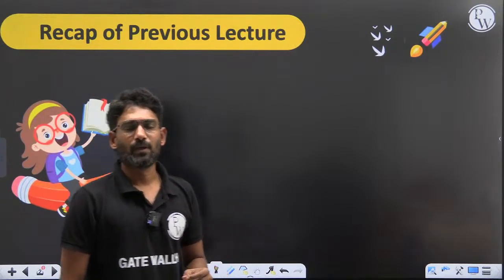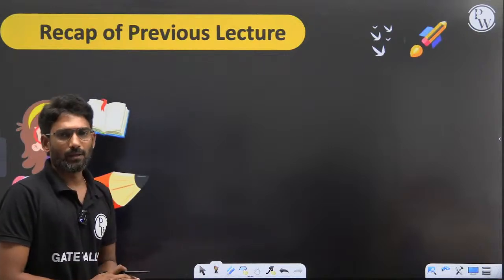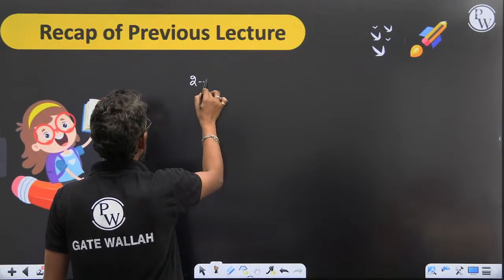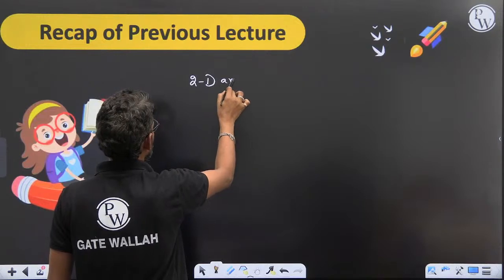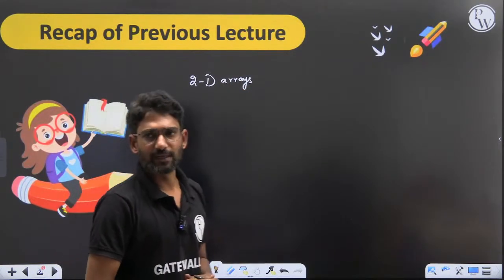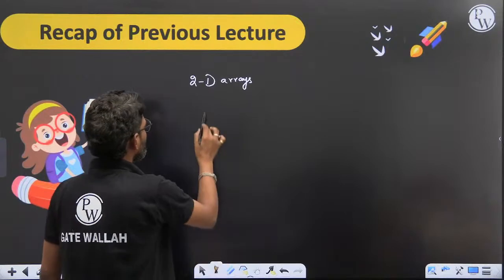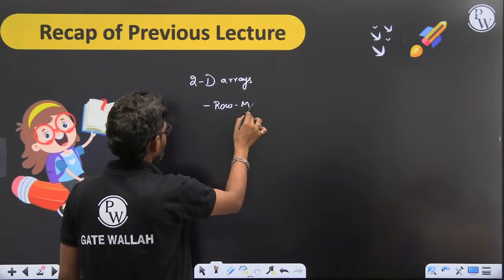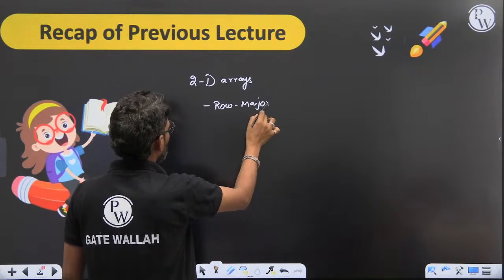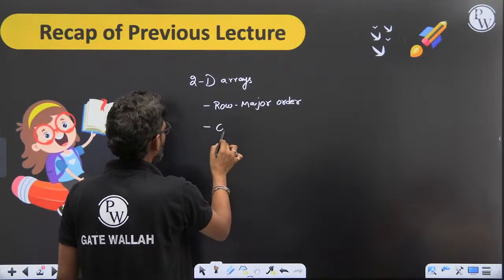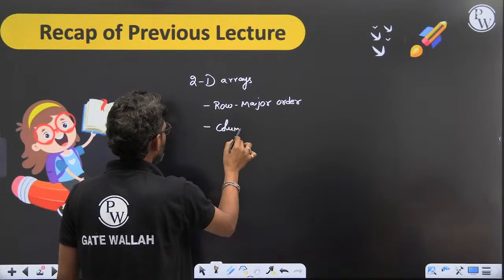Okay, right. So guys, in the last class we have discussed two-dimensional arrays, which are arrays of 1D arrays. We can say these can be stored in the memory in two forms. One, row major order, other, column major order.